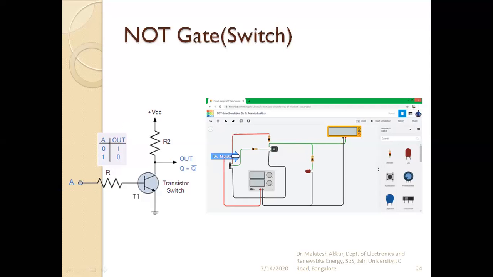So as I said, we can use separate power supplies for the VCC and for the power supply at A, or a single power supply. Here I use only a single power supply. You can see now the positive of the power supply is connected to one end of this switch, as well as to the VCC point. This is the slide switch. I can slide it down or up.